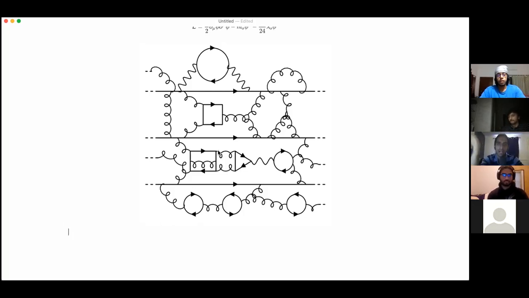Now, where does all of that come from? Well, all of it comes from expanding the interaction Hamiltonian to various orders. Because what would I do here? I have a cubic interaction between a photon and an electron and positron, right? What does that look like? Where does it come from? Can you guess?